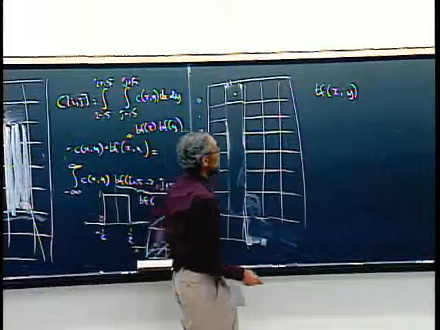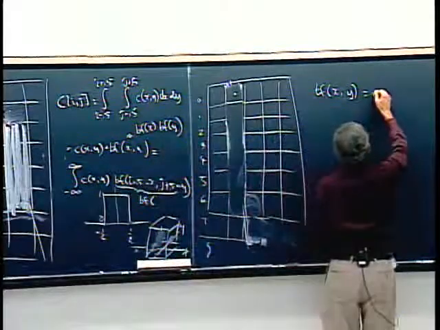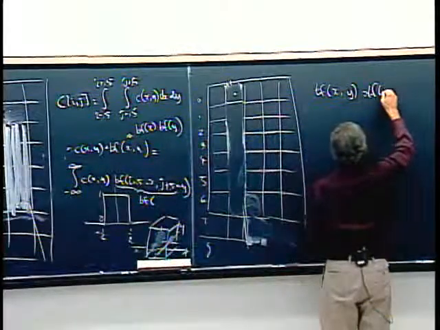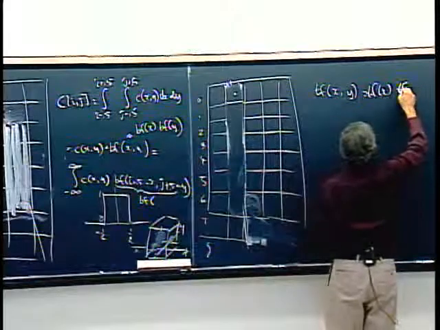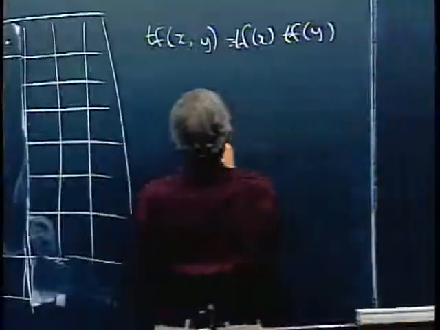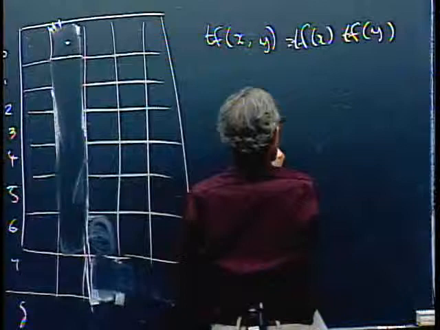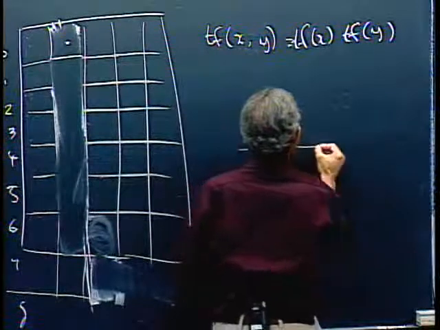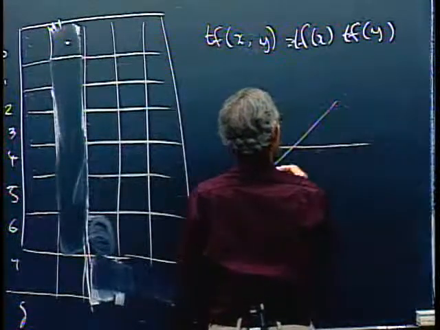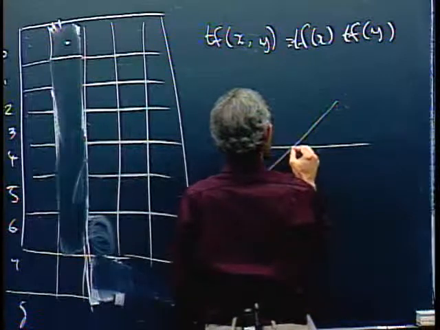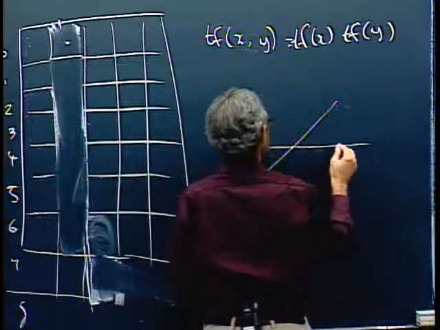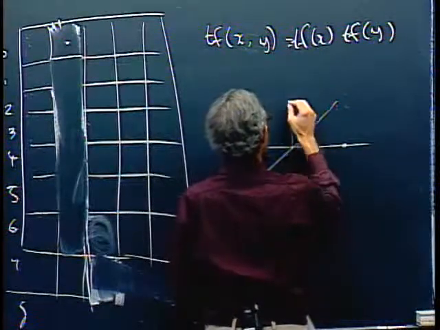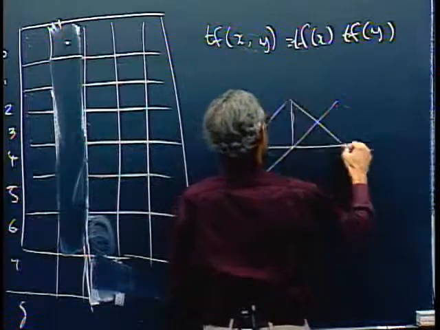But now, what I want to draw here is the tent filter in X times the tent filter or triangle filter in Y. See if I can do that. That's a little harder to draw. So it's non-zero between -1 and +1. And in this plane, it goes up like a triangle.